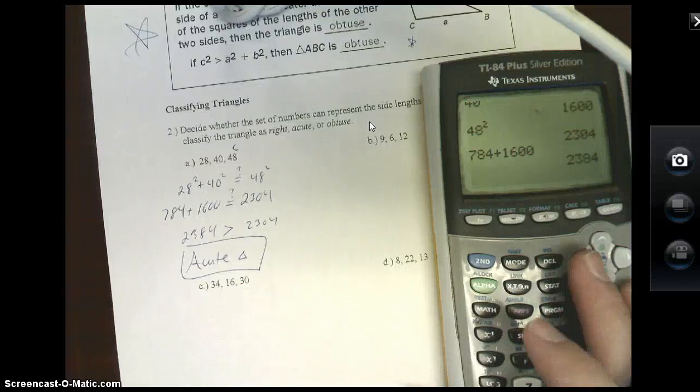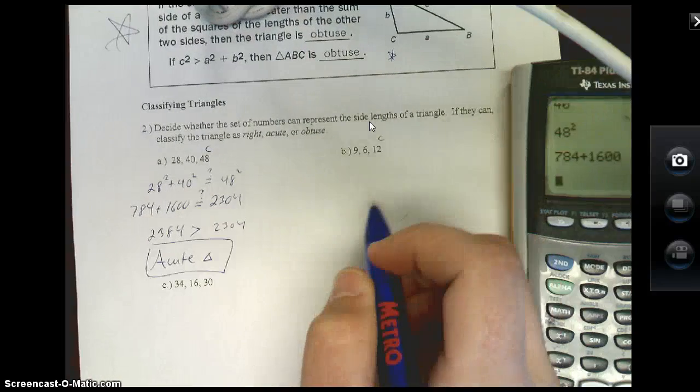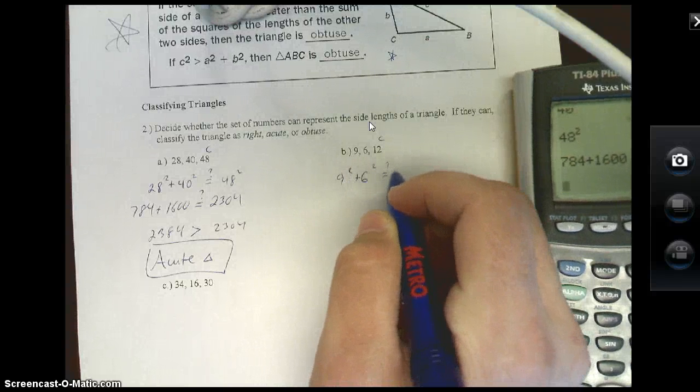So we're just working our way through these. Our largest side is 12, c. 9 squared plus 6 squared, see if it equals 12 squared.